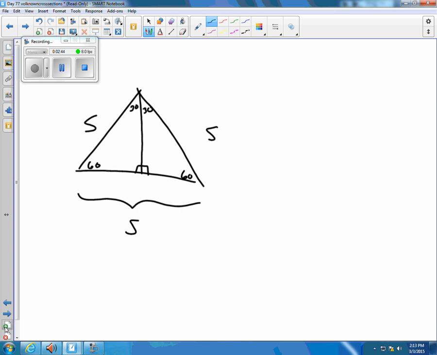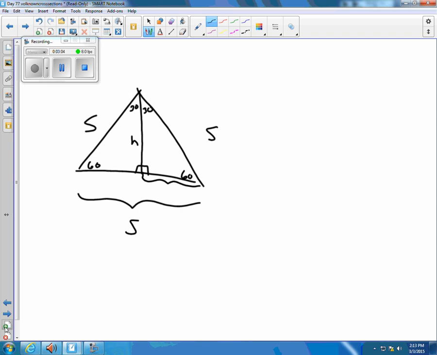Now, you don't really need to know the area of an equilateral triangle. What you need to know is that you really need to find the height. So what we could use is one of the right triangles. I'll choose the one here on the right.